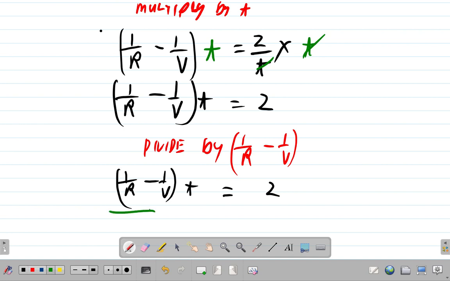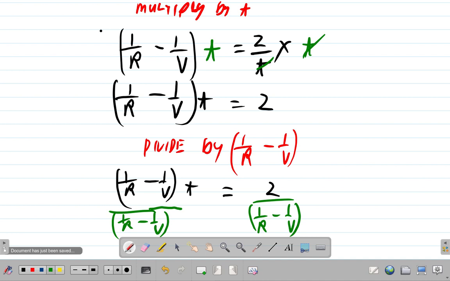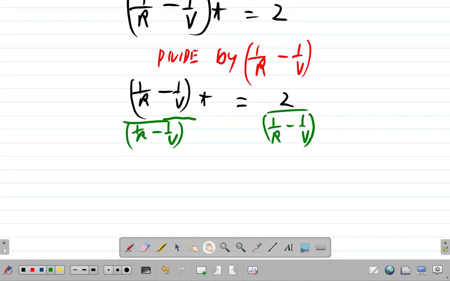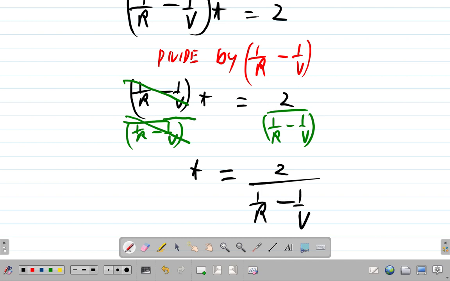You divide by 1 over R minus 1 over V on the left and also on the right, 1 over R minus 1 over V. I said 1 over, but it's really divided by. Here now, you cancel. That goes, and you're left with T alone equals, and you have 2 divided by 1 over R minus 1 over V.